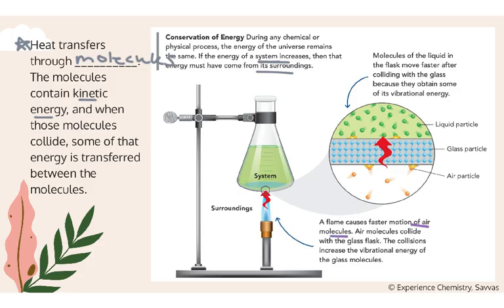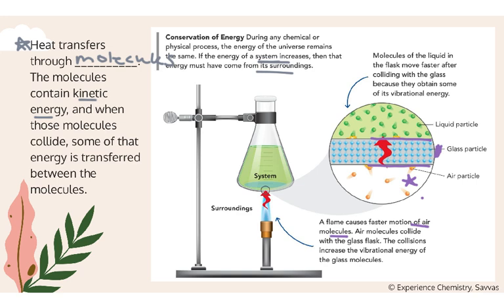Air molecules collide with the glass, and then the collisions increase the vibrational energy of the glass molecules. So we can see the faster air particles are going to hit the glass. Then inside of there, those glass particles are vibrating, and then those vibrating particles are going to hit what's inside of that Erlenmeyer flask, that green solution.